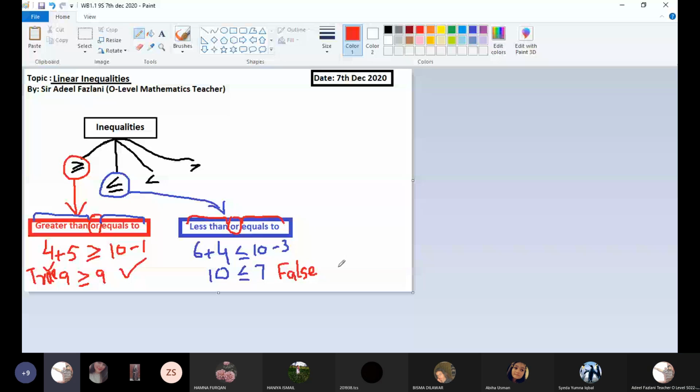Right, now we are moving to the less than sign. Can anyone give an example for the less than?